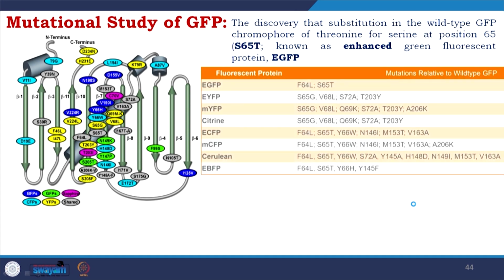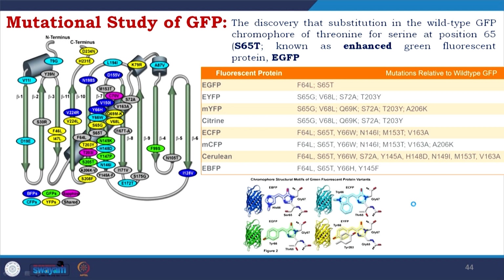So, these are some important mutants in enhanced GFP, as I told, S65T, but along with F64L. In addition to that, enhanced YFP, monomer YFP, citrine, ECFP, which is enhanced cyan fluorescence protein, MCFP, which is monomer cyan fluorescence protein, all the mutants are here. And these are the mutated proteins with different color.